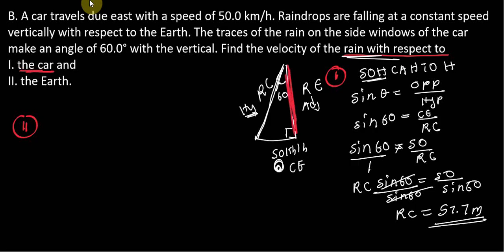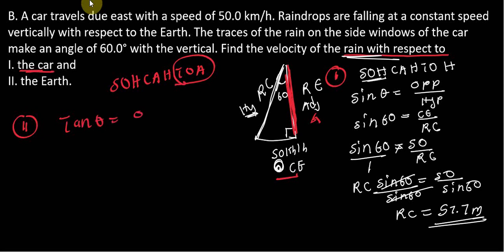So since it is this side, remember SOHCAHTOA, right? So SOHCAHTOA, we have the opposite and adjacent. Which part is that one? That is tan. So you have to say tan theta equal to opposite over adjacent. So tan 60 equal to, what's the opposite? 50 over the adjacent is what? Rain in respect to the earth.